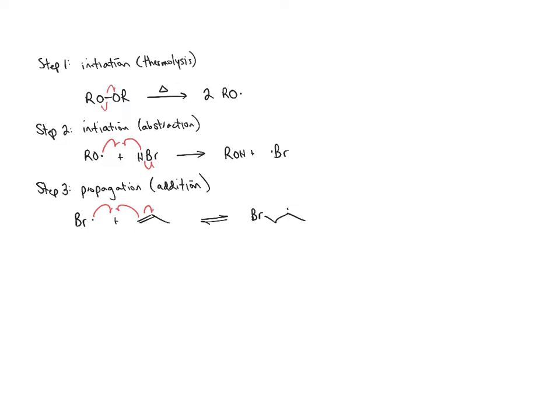This radical continues along, so step 4 is another propagation step. But this time the propagation step is an abstraction. And so we're going to take that radical, and this time we're going to react it with HBr.